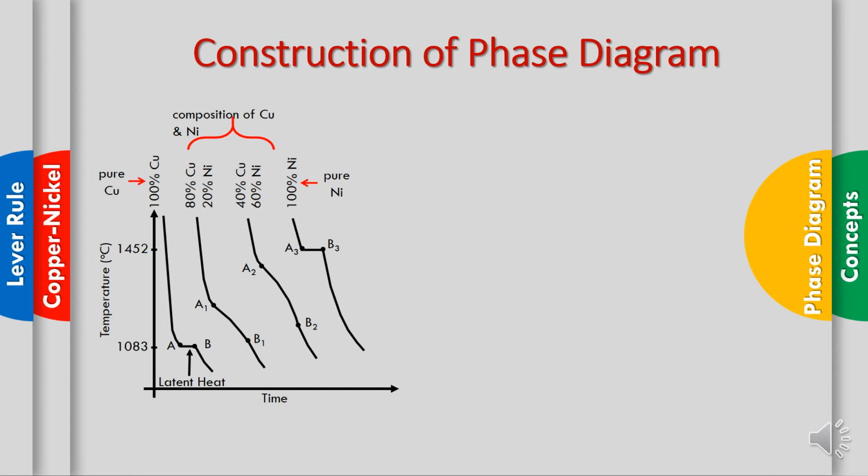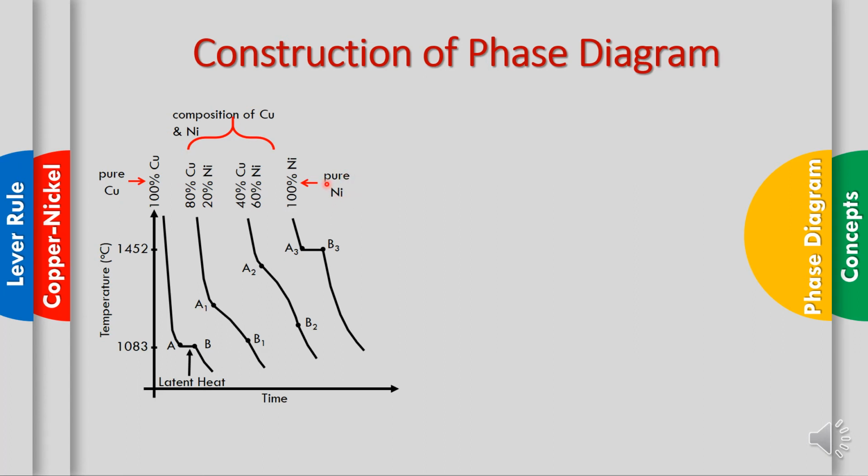Now, if we have two components, whereby the mixture is from two different materials, in this case we will look at copper mixed with nickel.